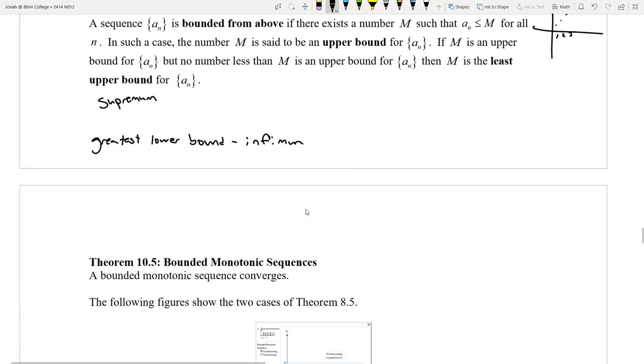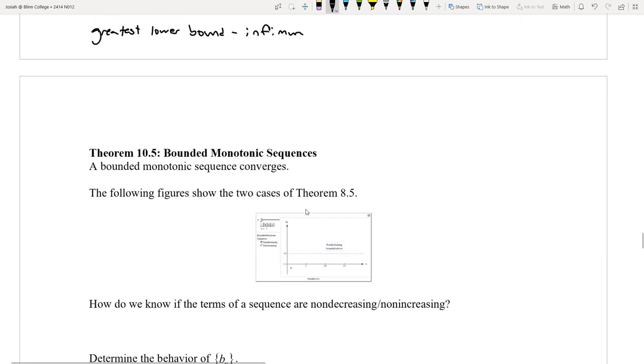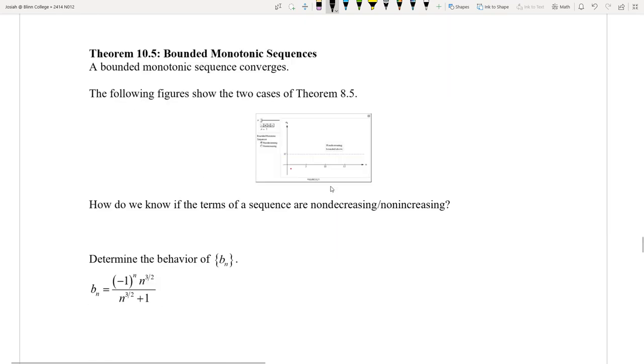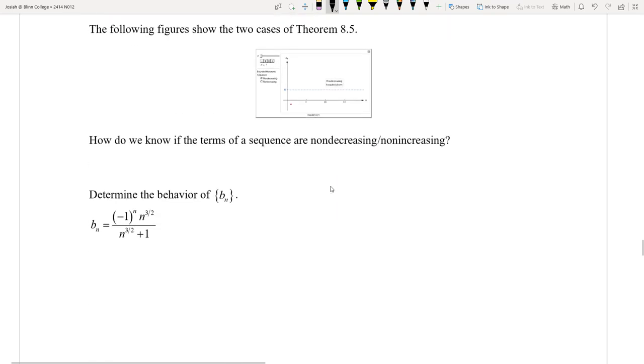And likewise, the same thing for a floor, for a non-increasing sequence. So how do we know if the terms of a sequence are non-decreasing or non-increasing? The way that we have to do it is by comparison. So we'll compare a sub n and a sub n plus 1.